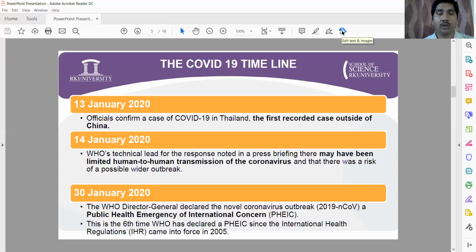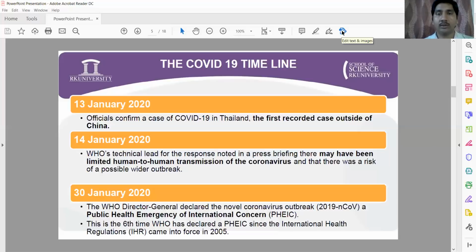And on 30th January 2020, the Director General of WHO declared the novel coronavirus outbreak as a Public Health Emergency of International Concern, which is the notice of highest level as per WHO.